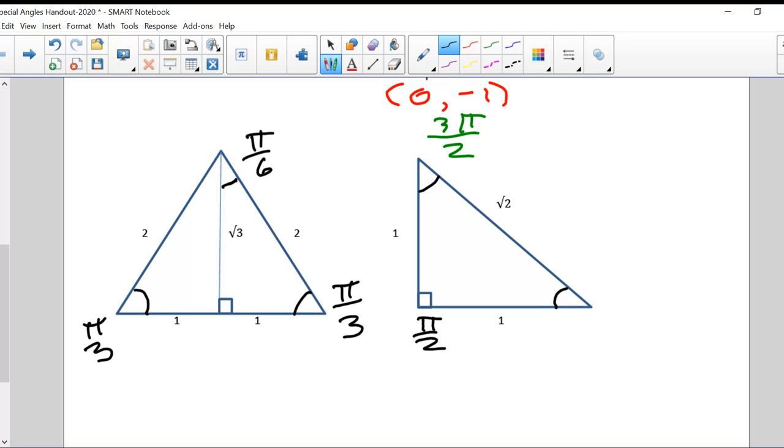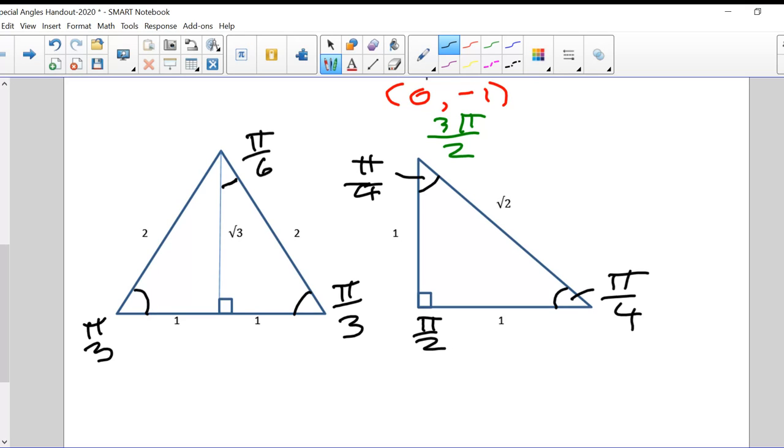So go through the process again. Quinn says pi over 4, and I agree. That's half of pi over 2, or just multiply the denominator by 2, so pi over 4. And in fact, this one up here is also pi over 4, because they're both equal. Thank you, Quinn, and thank you everybody else who jumped in on that.